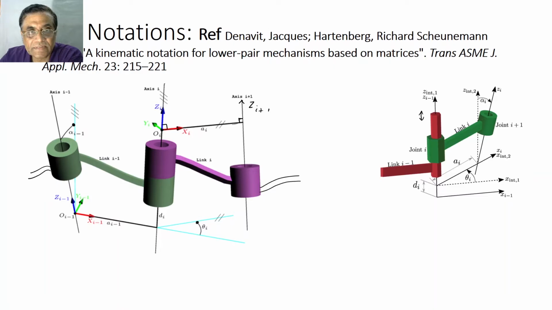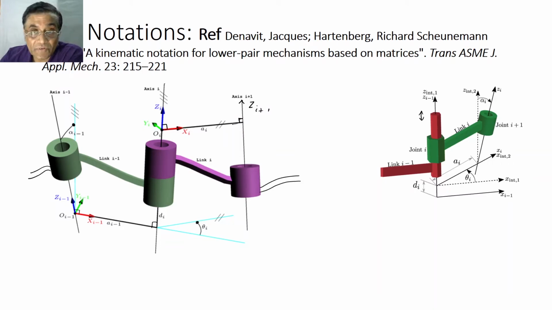Similarly, this is the Z i axis and this is the Z i minus 1 axis. Then the common normal will be A i minus 1, and it is measured along X i minus 1. So the X axis will be directed towards the normal, and along that axis the link length will be measured.